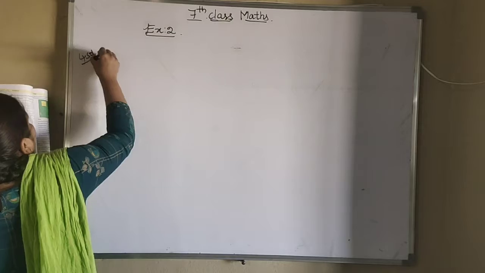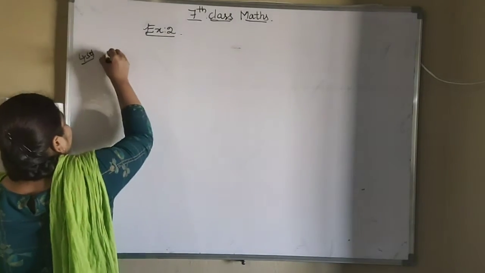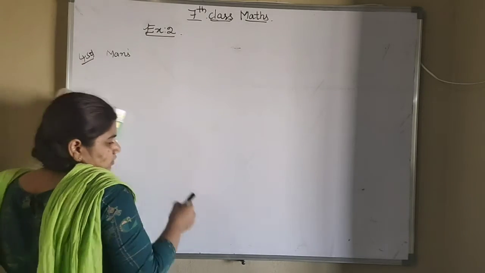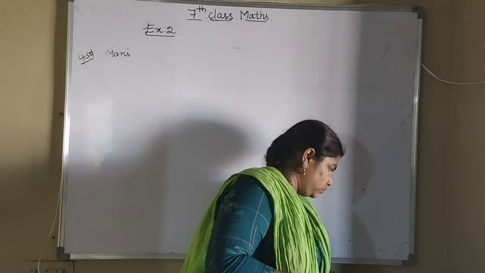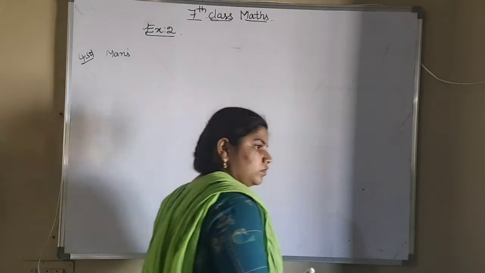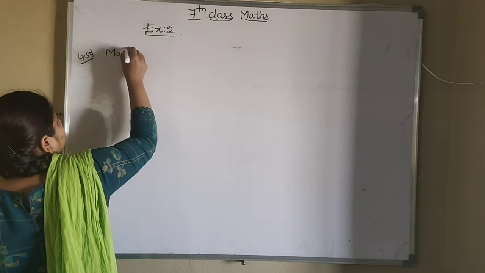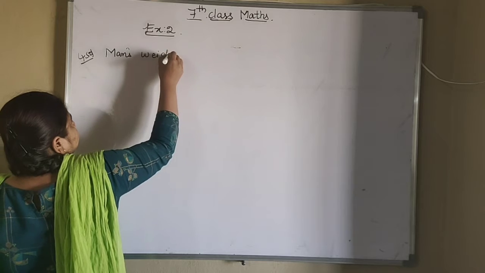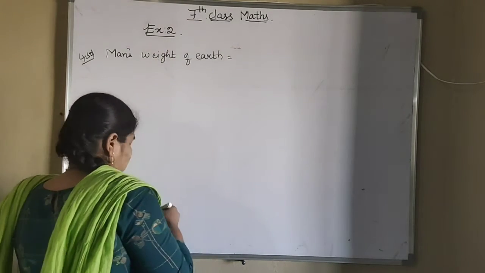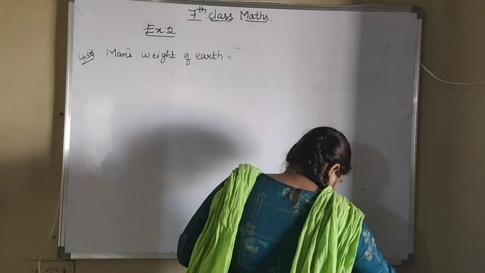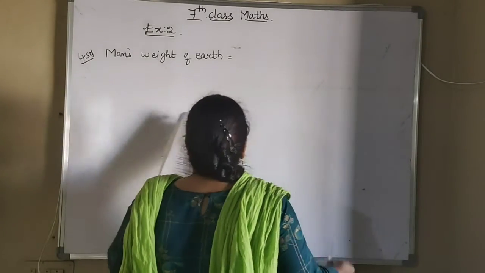So fourth solution. Weight of man on earth. Earth is how much? 90 kgs.